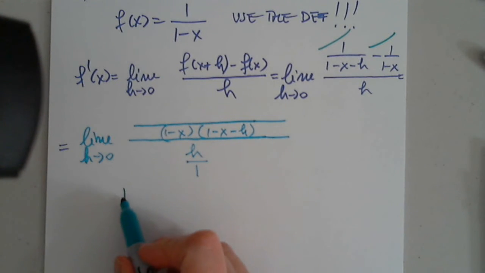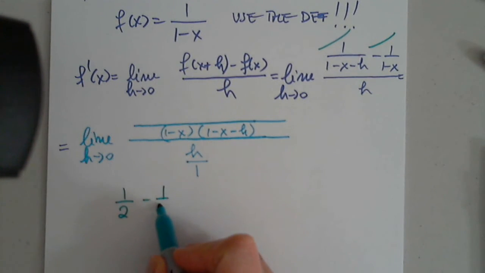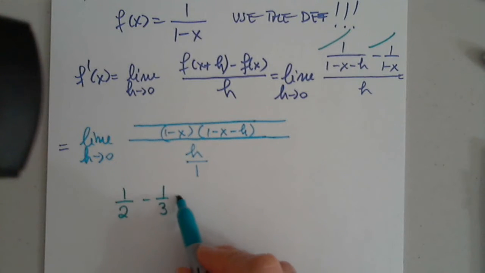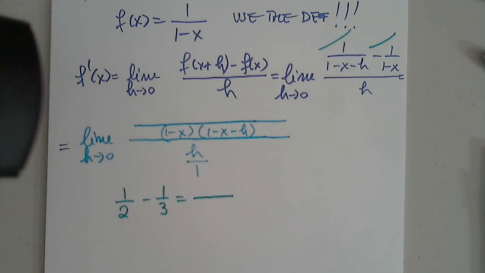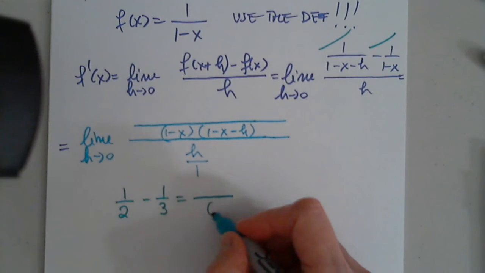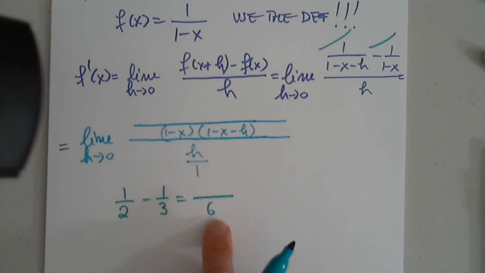concerning to me. So when I subtract, let's say 1/3 from 1/2, what would be the least common denominator? 6. Good. 2 was multiplied by what to get 6? 3. So that's why we need to multiply the top by 3. 3 was multiplied by what to get 6? 2.